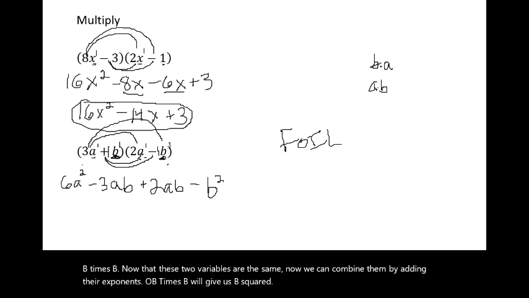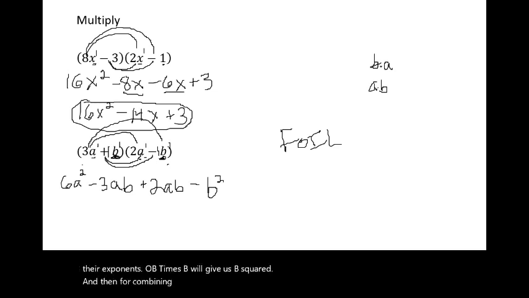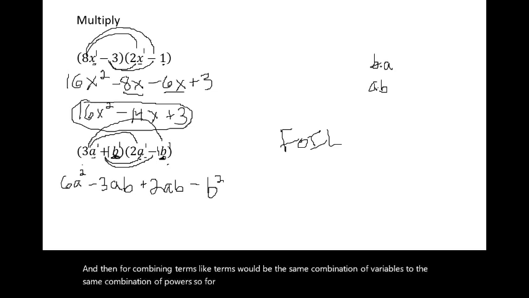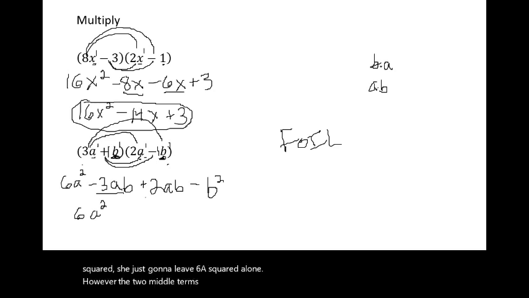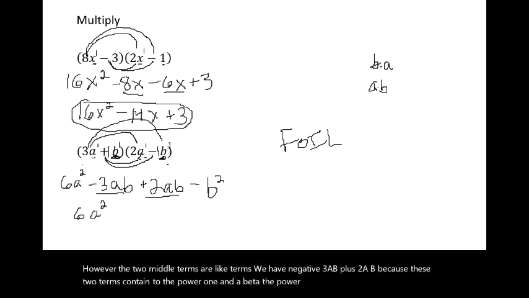And then for combining like terms, we look for the same combination of variables to the same combination of powers. So for 6a squared, there are no other terms that contain just an a squared, so you're just going to leave 6a squared alone. However, the two middle terms are like terms. We have negative 3ab plus 2ab. Because these two terms contain an a to the power 1 and a b to the power 1, they are considered like terms.